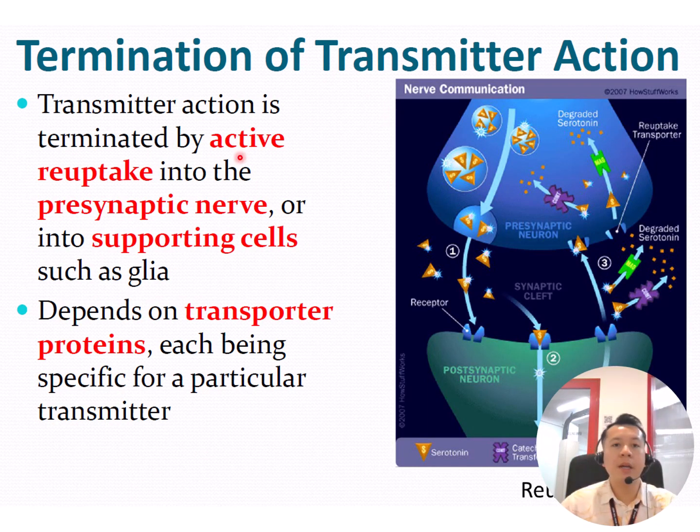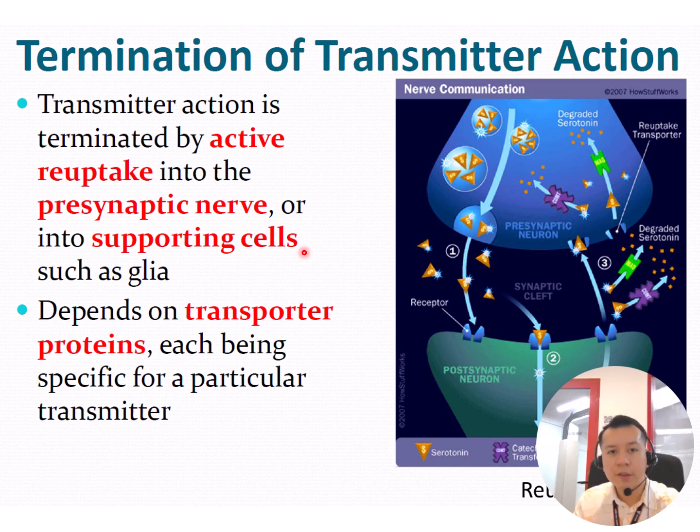The other major mechanism is reuptake. This is especially important for neurotransmitters like serotonin, dopamine, and even norepinephrine. Just recall, if we are talking about serotonin, dopamine, and norepinephrine, we are using the reuptake mechanism.